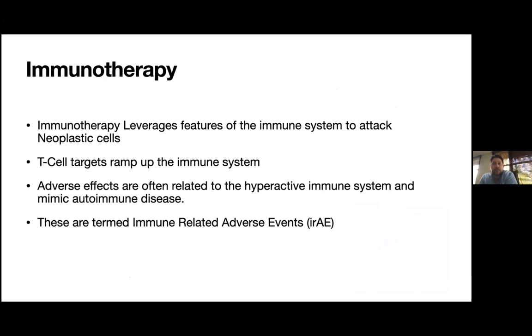It leverages the features of the immune system in order to attack neoplastic cells, where T cell targets are able to ramp up the immune system, focusing on these cells and inducing cell death. Adverse effects are then related to this hyperactive immune system, and they can mimic autoimmune disease. These are then termed immune-related adverse effects.